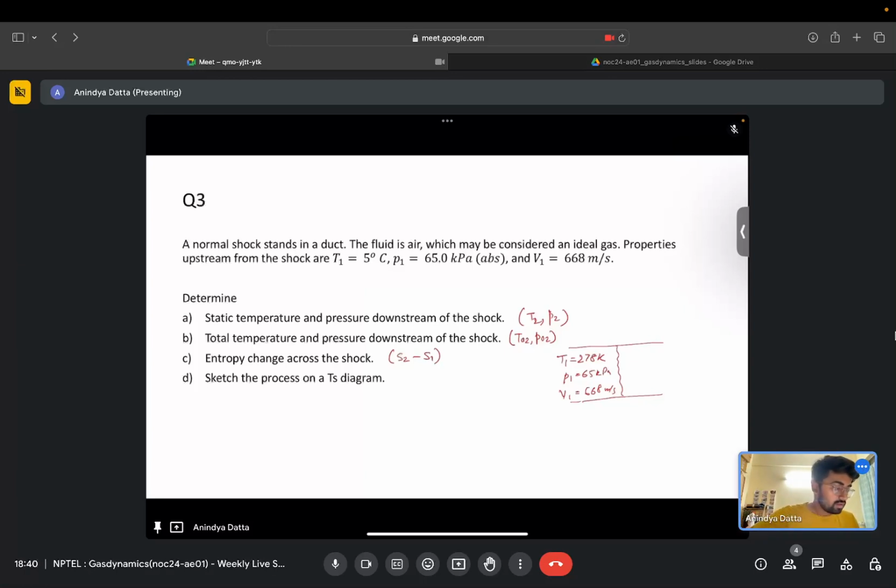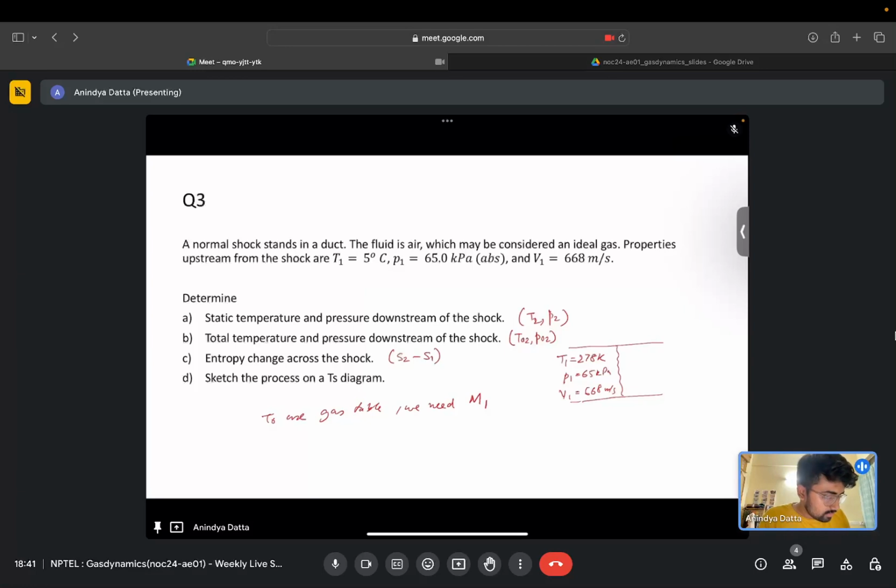To use the gas table, we need M1, because M1 is the independent parameter against which all the gas table quantities are listed.